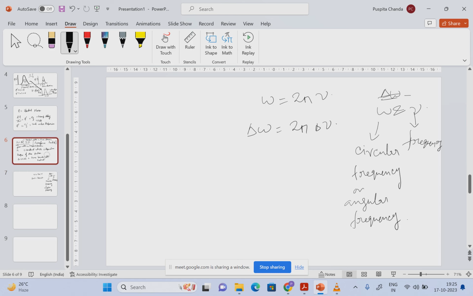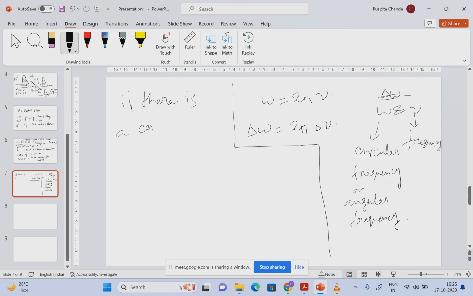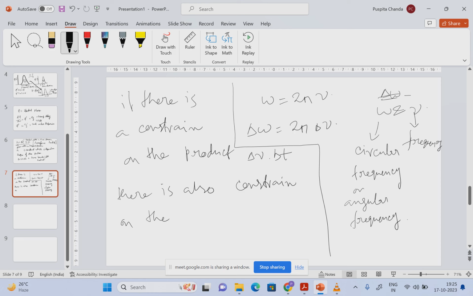Okay, so then the product delta nu into delta t also has a constraint, and so does the product delta omega into delta t.